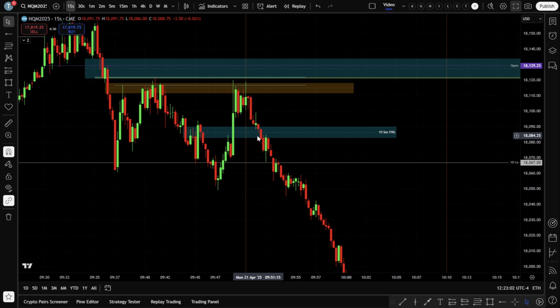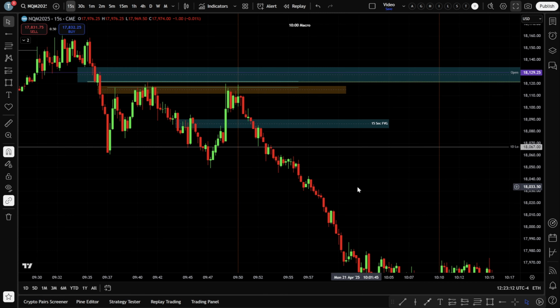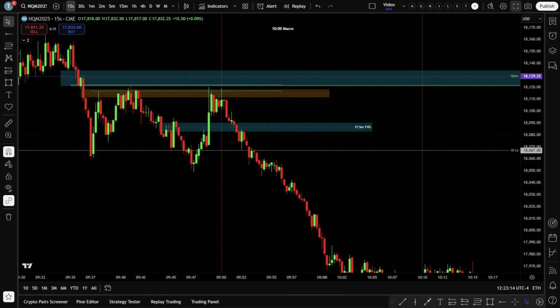And since we drop below it, when it comes back up, we want to see it act as resistance and then drop lower. So right here would be your perfect spot to sell short.